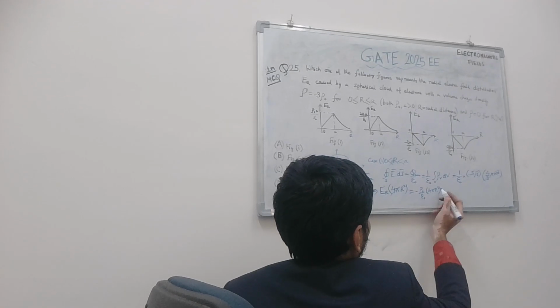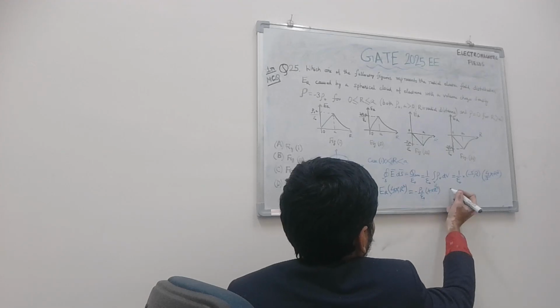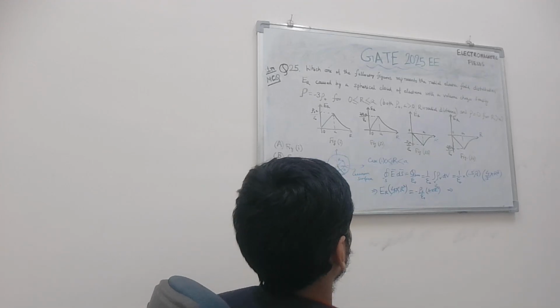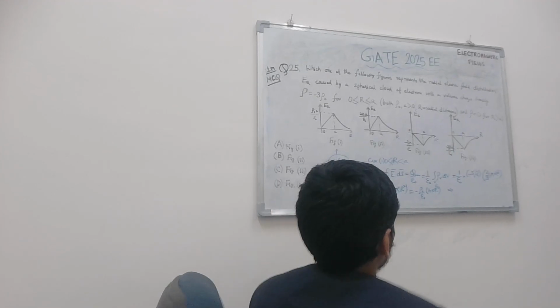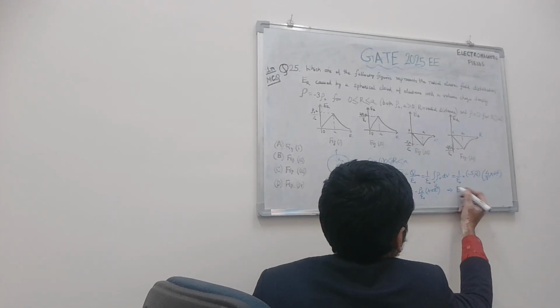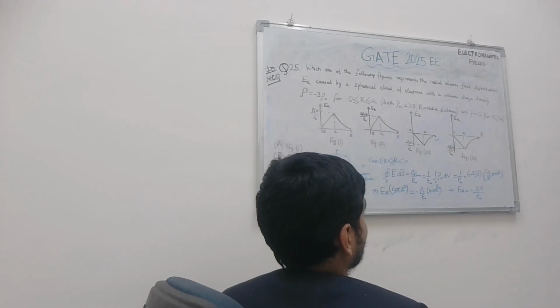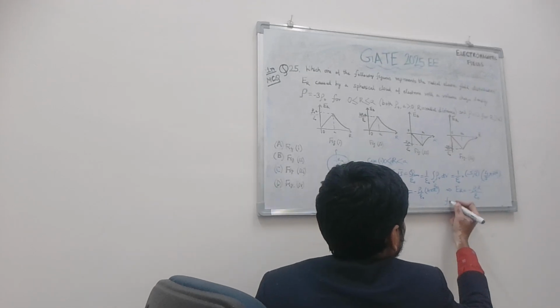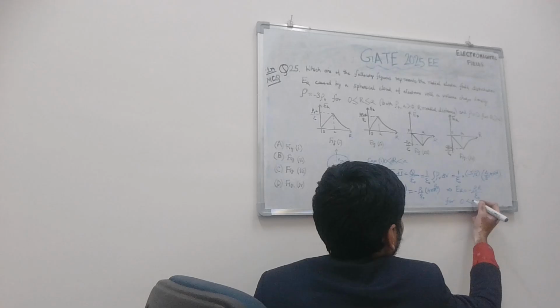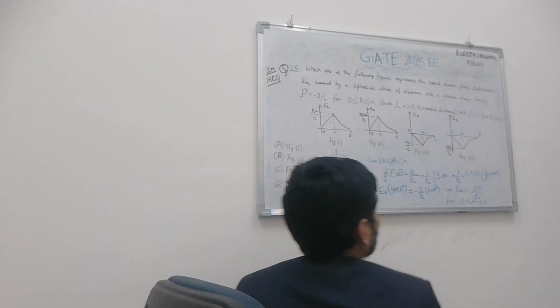So 4 pi cancel, r cube by r square, so r remains. So we are left with ER equal to minus rho naught r by epsilon naught for 0 less than r less than a.